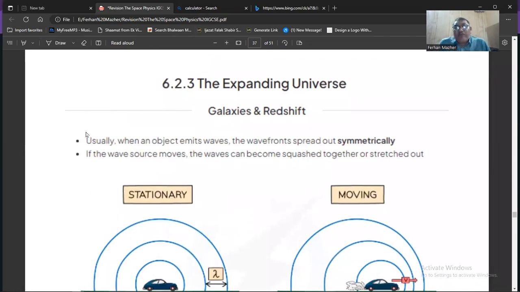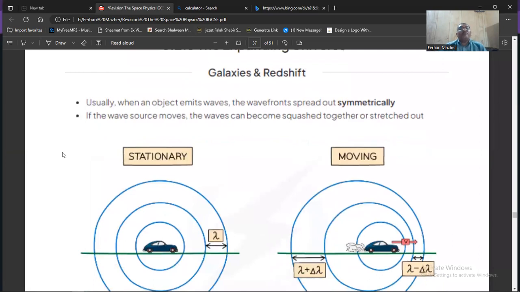The expanding universe, galaxies, and the redshift. Usually when an object emits waves, the wavefronts spread out symmetrically. If the wave source moves, the waves can become squashed together or stretched out.